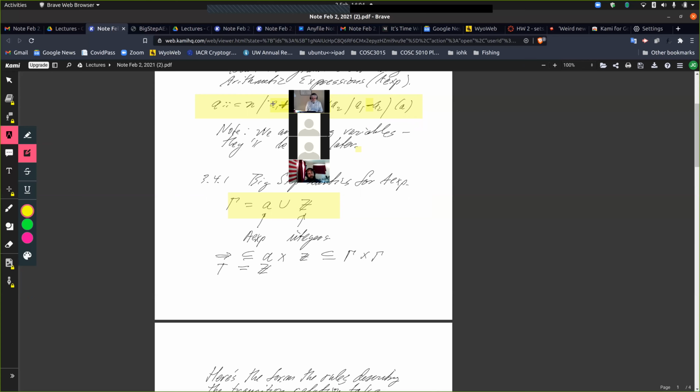You should think of A as the set of every possible A expression described by this grammar, and there's an infinite number of them. And Z is the set of integers. So just with Z we have an infinite number of configurations, and then we add in another infinite set. Those two things are the possible configurations.